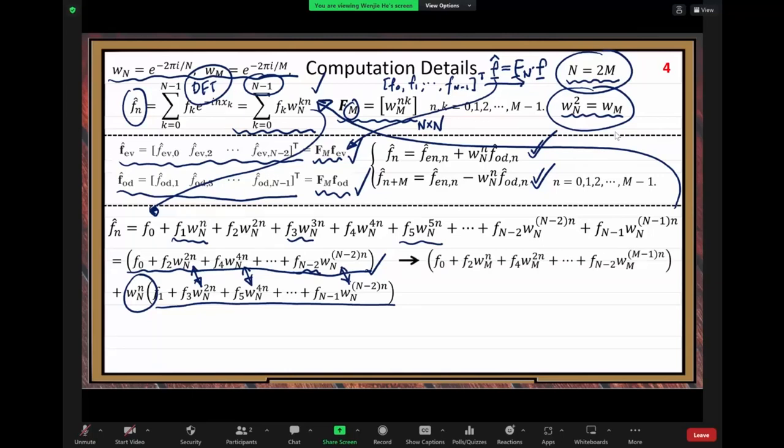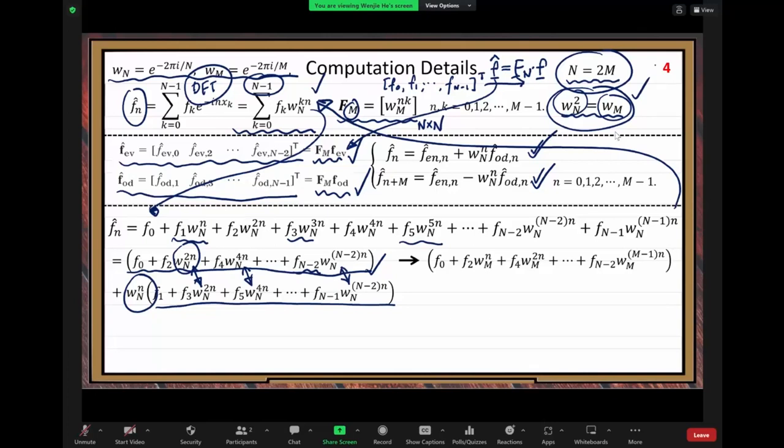First, we change the base. When you look at each W part, remember W sub N squared equals W sub M, where M is N over 2. So now we can change to the base W sub capital M, and we divide the exponent by 2.